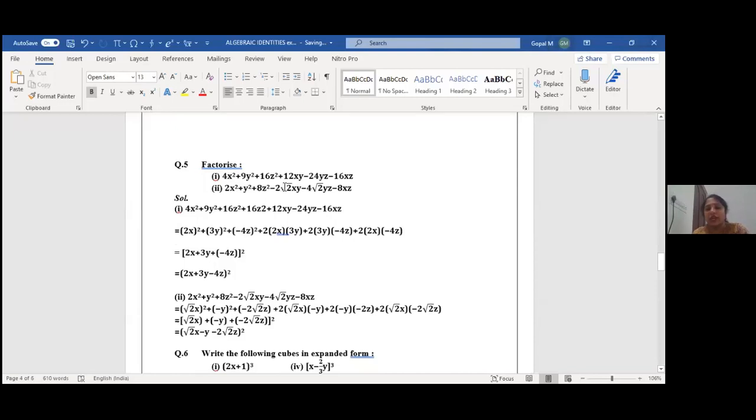Please check what we are getting, 2AB, 2BC, 2CA. See, I got 2 root 2 xy, 4 root 2 yz and 8 xz. So from this, we need to think here A and C are in the form of root. Am I clear?